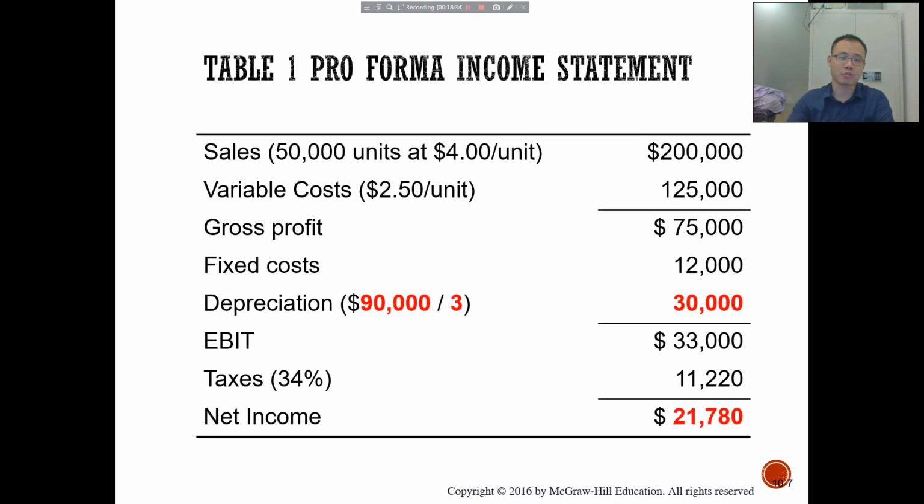Let's go back to table 1. From this income statement, how much money do you think I get as owner at the end of the first year? How much?